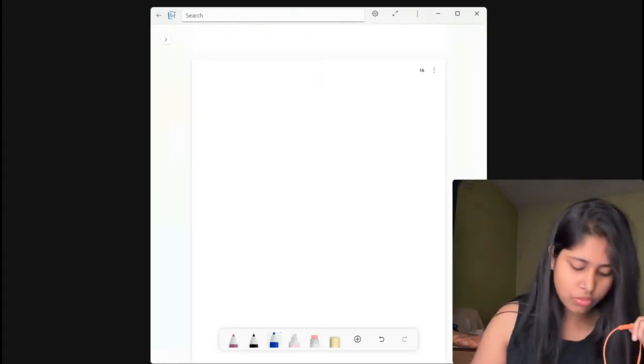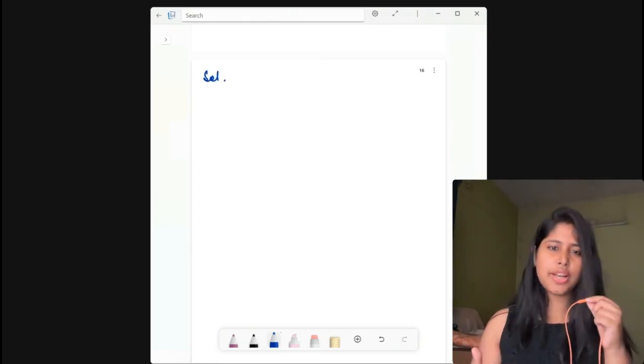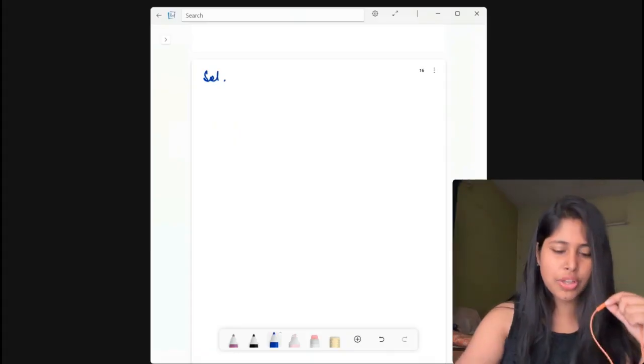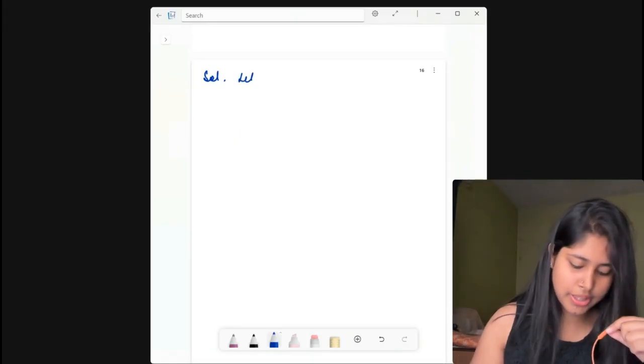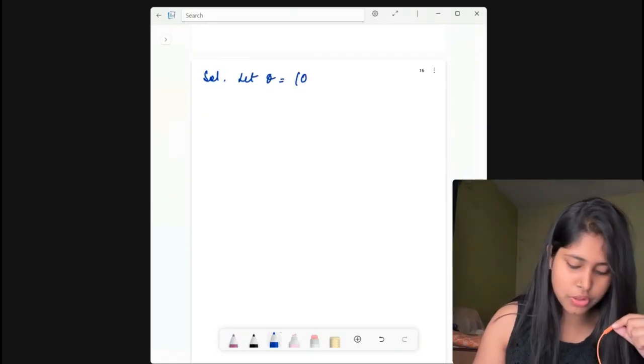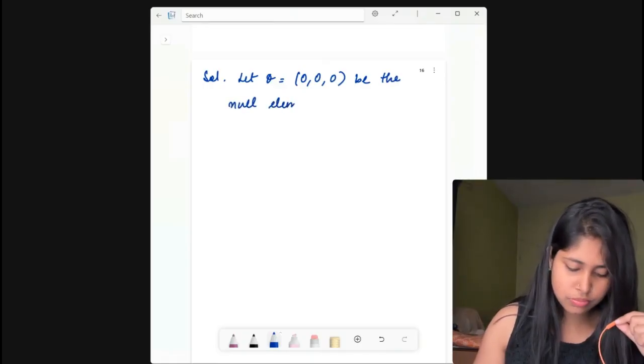First you need to let theta be the null element of R3. Let theta equal 0 comma 0 comma 0 be the null element of R3.